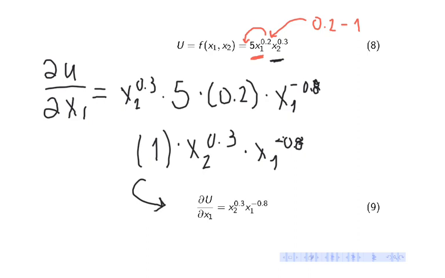As you can see, when we're taking the partial derivative, we're applying the same rules that we use when we're taking the derivative with one variable. We're just treating one of our variables as a constant term.